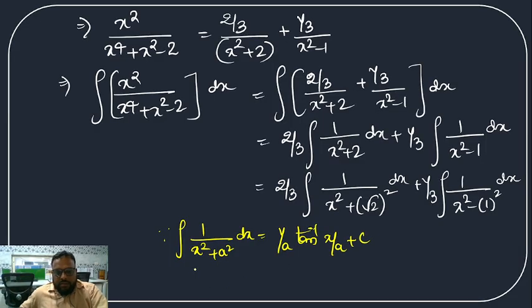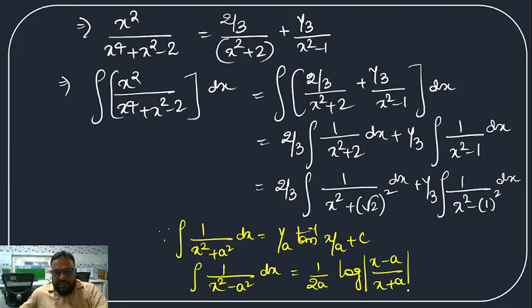And the next one, integration of 1 by x square minus a square dx, is 1 by 2a log of mod x minus a by x plus a plus c. Now these two are the formulas here. Now I'll substitute the complete part: 1 by x square plus root 2 whole square I'll write in this manner, and 1 by x square minus 1 square I'll write in this manner.